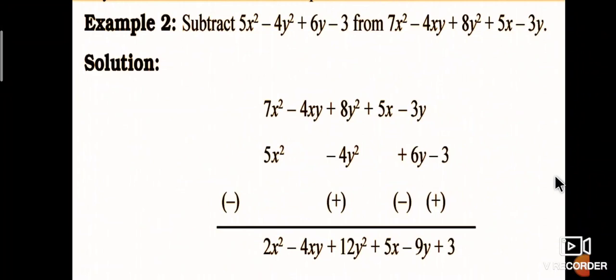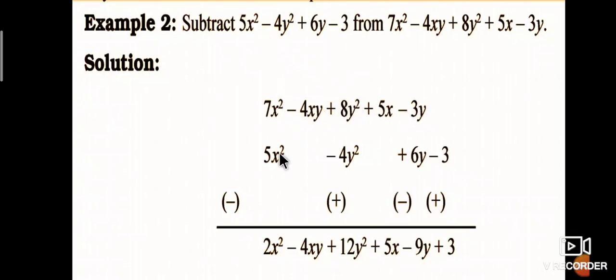Okay, next one is subtract 5x square minus 4y plus 6y minus 3 from 7x square minus 4xy plus 8y square plus 5x minus 3y. Because we subtract 5x square minus 4y plus 6y minus 3 from this one, we write first 7x square minus 4xy plus 8y square plus 5x minus 3y.